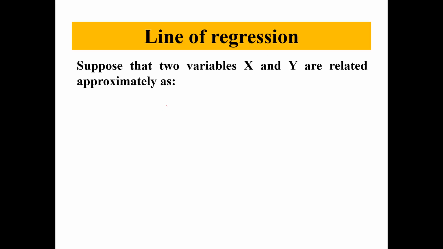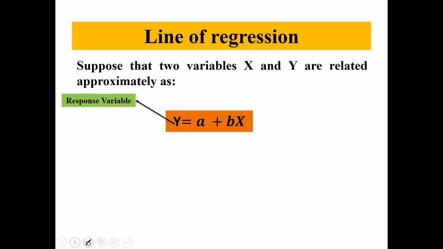Hello, here we will discuss the line of regression. Suppose that two variables x and y are related approximately as y equal to a plus bx, where y is called the response variable and x is called the predictor variable.